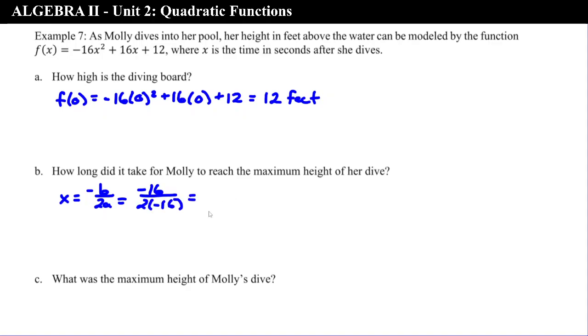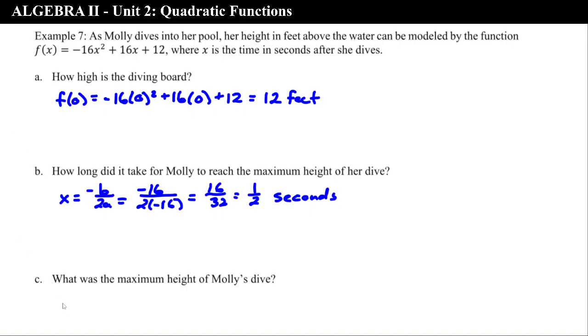And so we have 16 over 32, which reduces to 1/2. So at 1/2 seconds, she reached the maximum height of her dive. And you want to ask yourself, does this make sense? Well, yes, it does, because when a diver goes off the diving board, they go up and very quickly come back down. They are not going up for a very long time. So 1/2 of a second does seem like it makes sense.